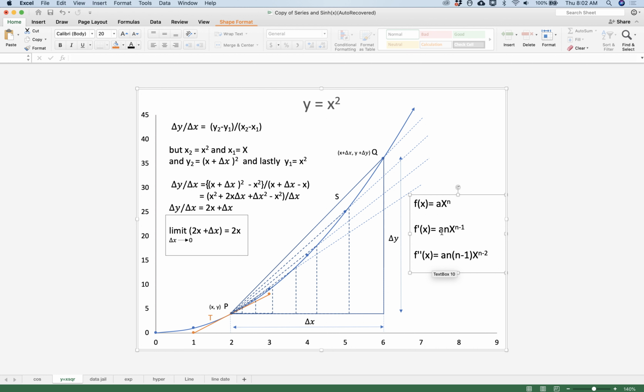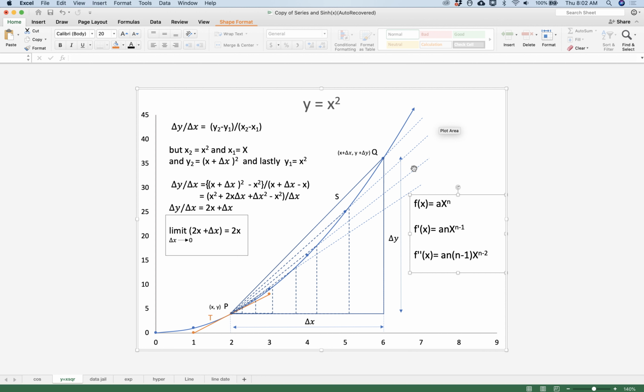First derivative represents velocity, and the second derivative represents acceleration. And acceleration is basically the rate of change of velocity. So anyway, I hope this has been somewhat helpful.